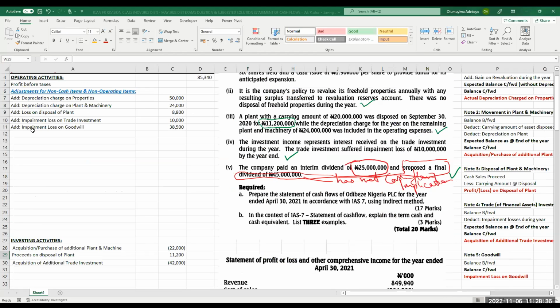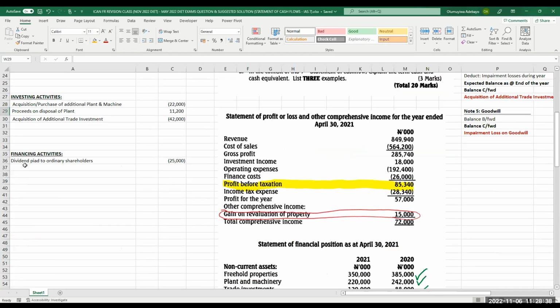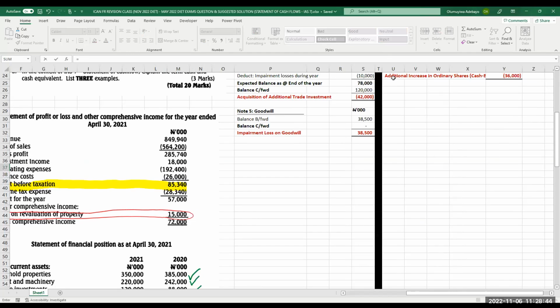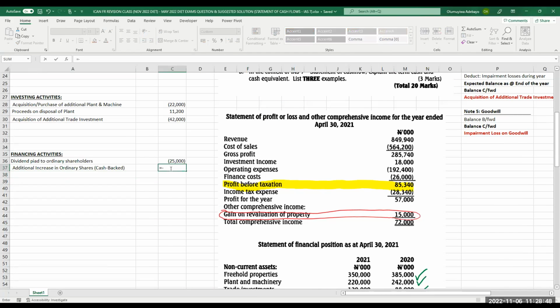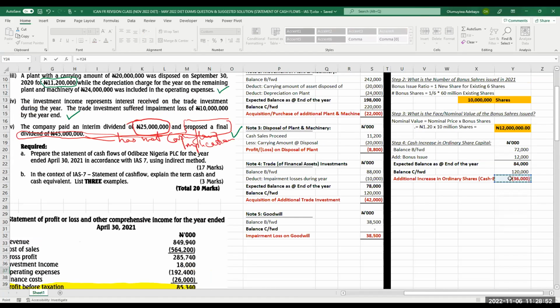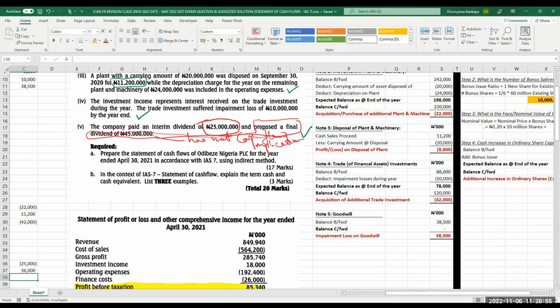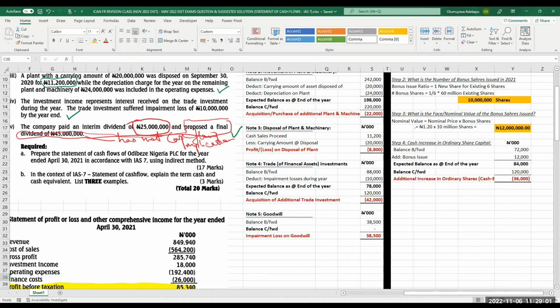Therefore, I can come here and say cash effect or cash flow consequence of that is that I brought in 36 million in that year. But this 36 million, we can break it down as follows.